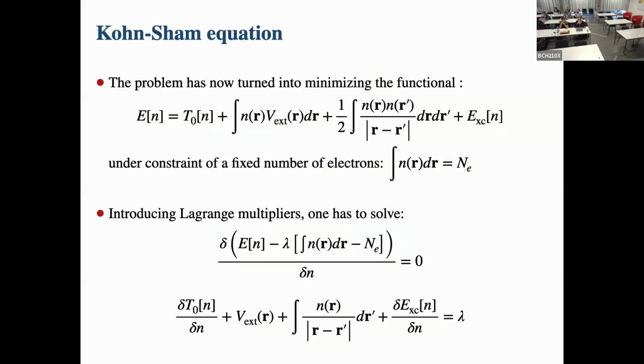So here, there's again correlation that appears, but there is a slight difference. It's the kinetic energy part? Exactly. The kinetic energy part that you have here is the one of non-interacting electrons, whereas in the other case, we were still considering the electrons correctly.